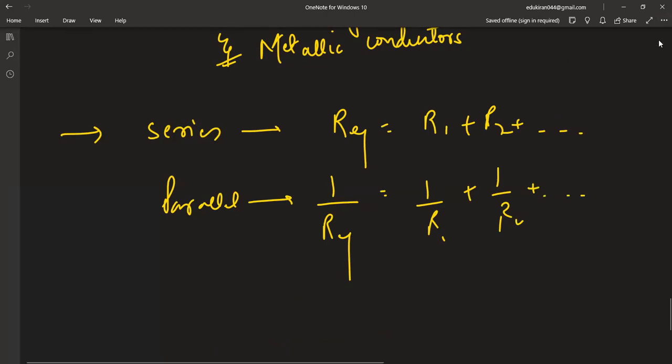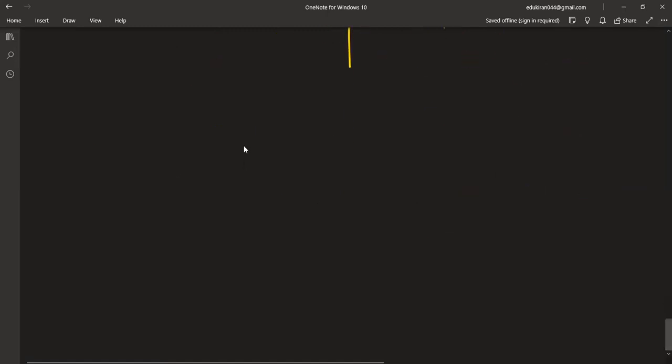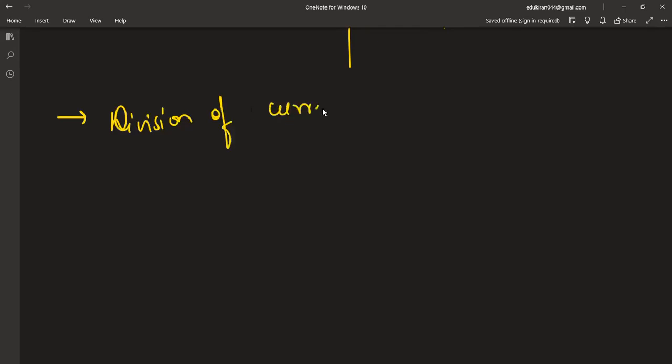For division of current, you can use this in your exam if resistors are joined in parallel.